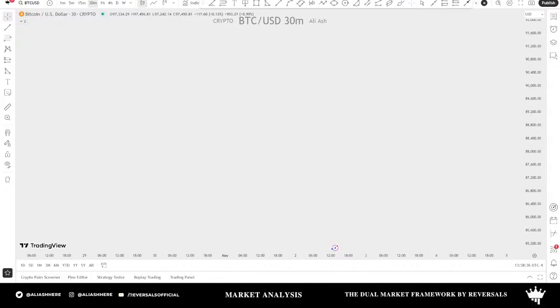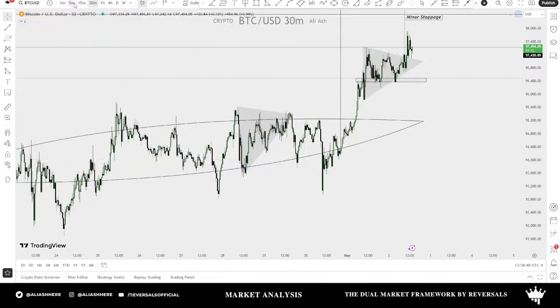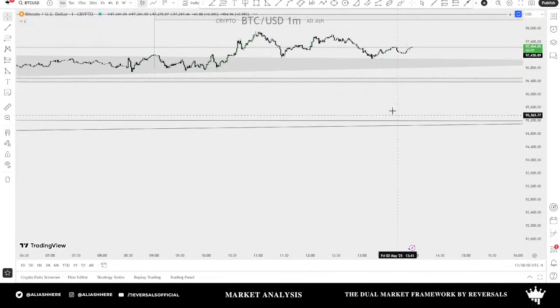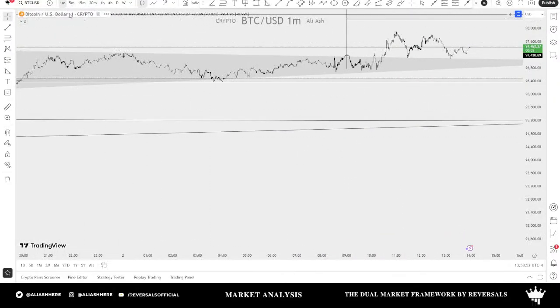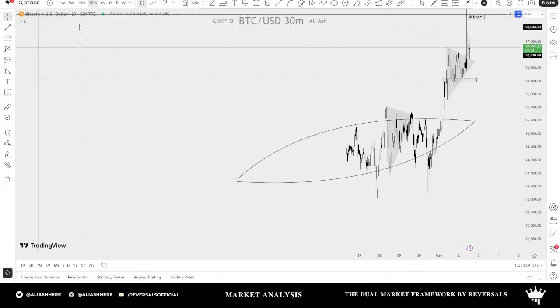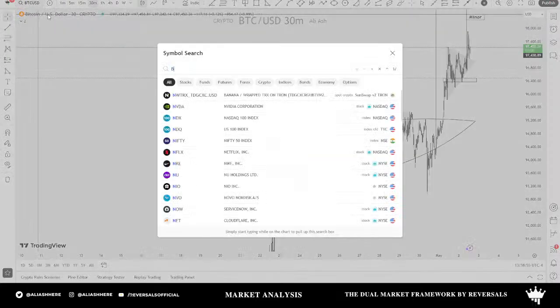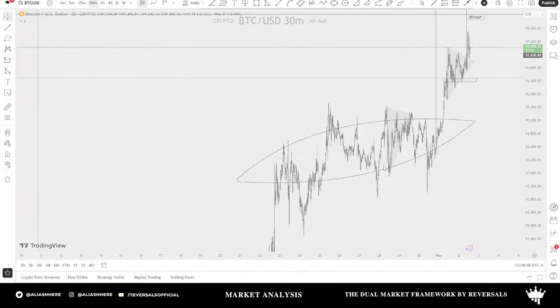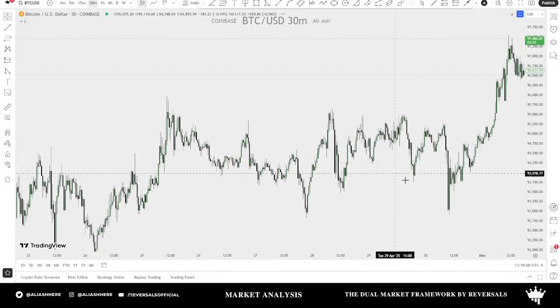Okay, so let's do this on the chart and see practically how it's working. Let's go on a 1 minute chart.